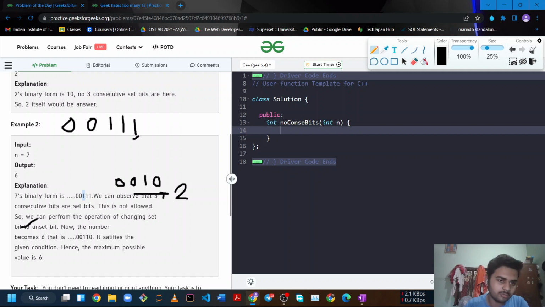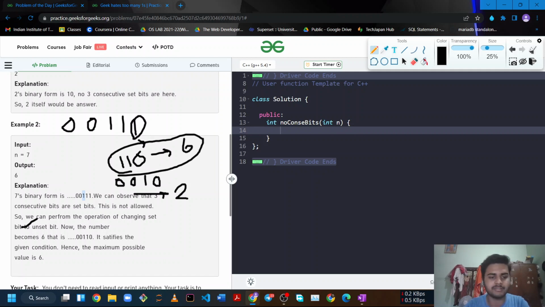But I'm going to remove the last one, because then it becomes 1 1 0, which is 6. We have to make it in such a way that the final value is maximum. If I remove the first one, it becomes 3. If I remove the middle one, it becomes 5. But removing the last one gives me the maximum value. So this is all about the problem.